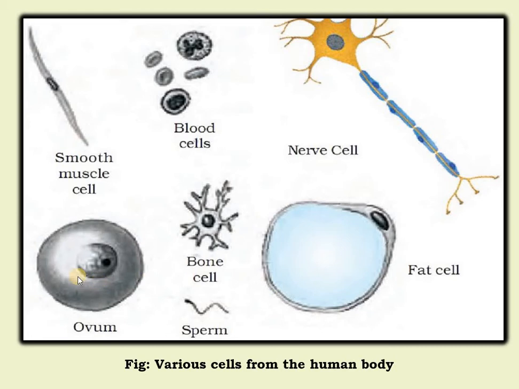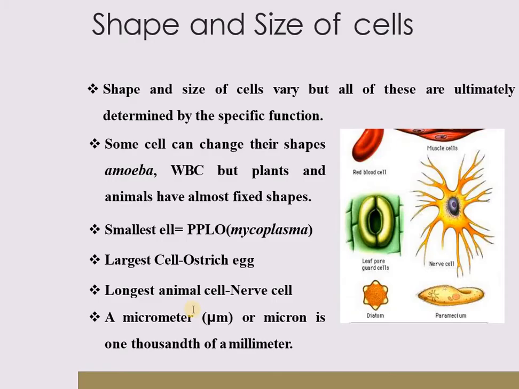Then the ovum, which is the egg cell, and the sperm cell, shaped in the form of a worm as it has to move. So you can see the shape of the cell is dependent on the function that it is going to perform. Some cells can change their shapes, like amoeba and WBC, but plant and animal cells mostly have fixed shapes.